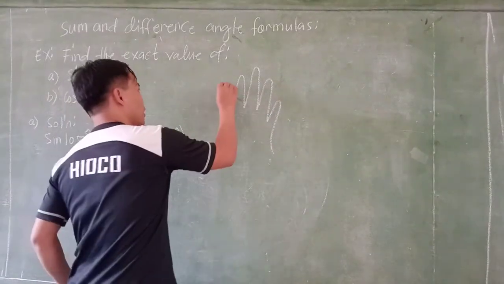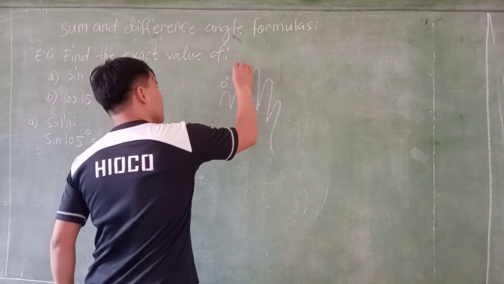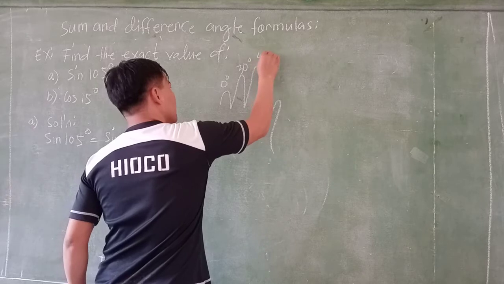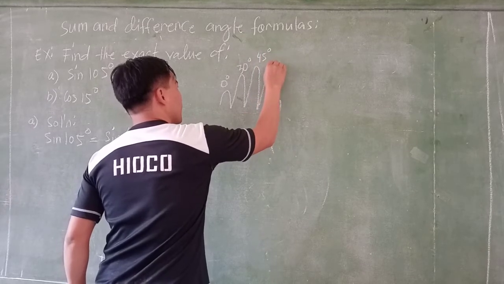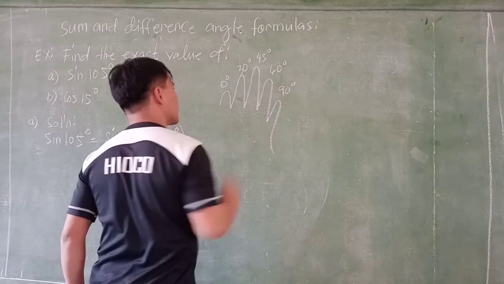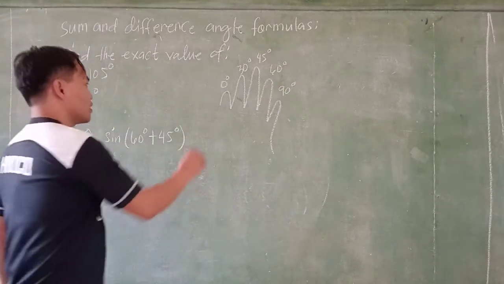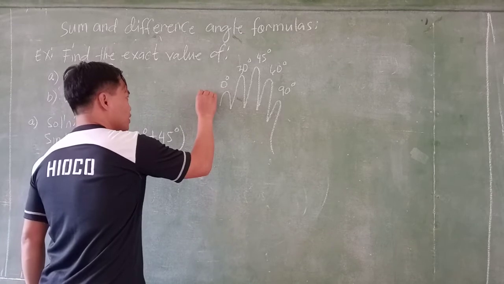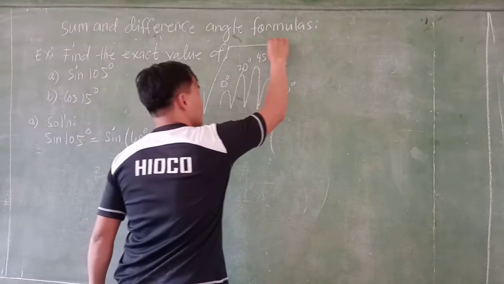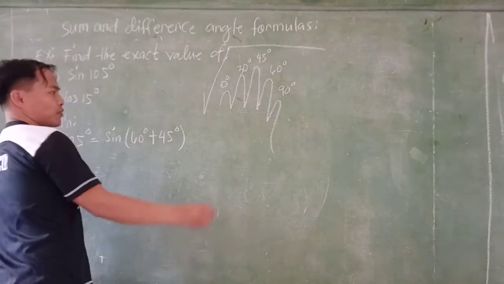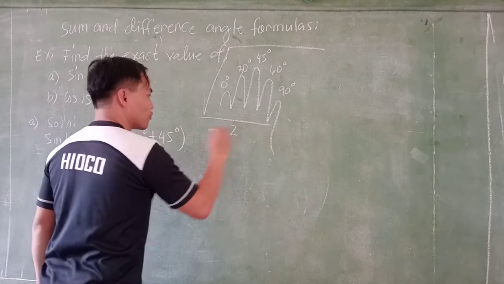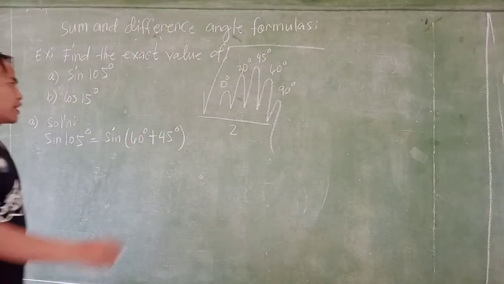So this one will be 0 degrees, 30 degrees, 45 degrees, then we have 60 degrees. The last one is 90 degrees. Ang tanang fingers na to, naka square root na sila tanan. Sa ilalom, over 2. Wala natin sa square root ito ha. Over 2.